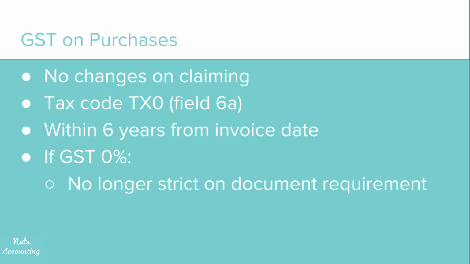So now, even if the supplier gives you a commercial invoice and not a tax invoice, you are still able to accept it. But of course, you might want to give a gentle reminder to your supplier that they are still liable to comply with the GST Act to issue a tax invoice instead of a commercial invoice.